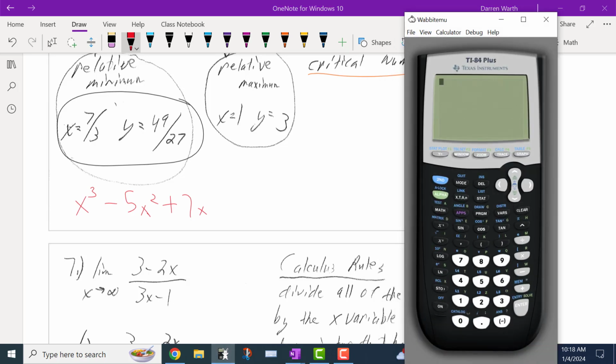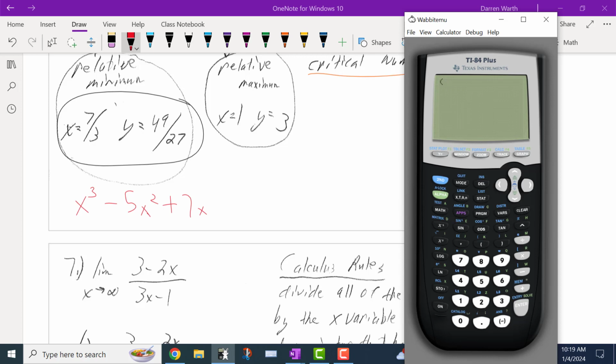Go to alpha F1, create your fraction. So your fraction says we're going to substitute in 7/3. I take 7, put the 3 down here, go off to the side, take that to the third power, and then minus 5. Let's go ahead and try to type that in again.